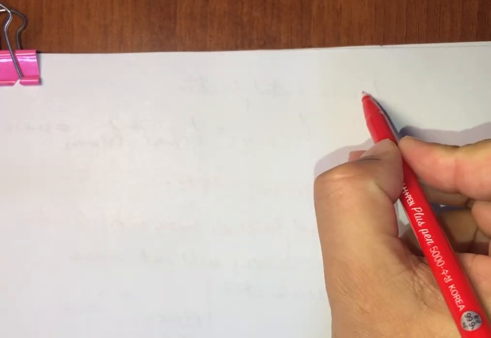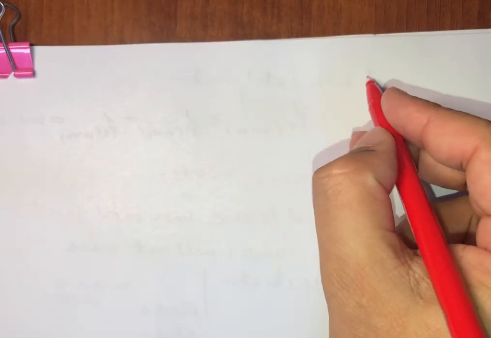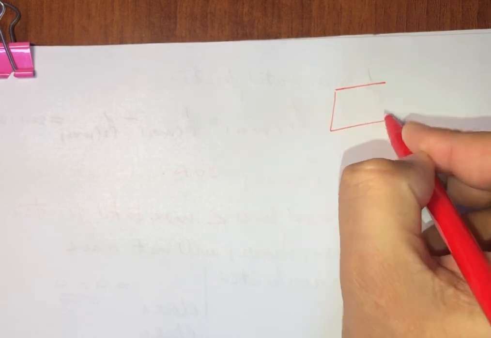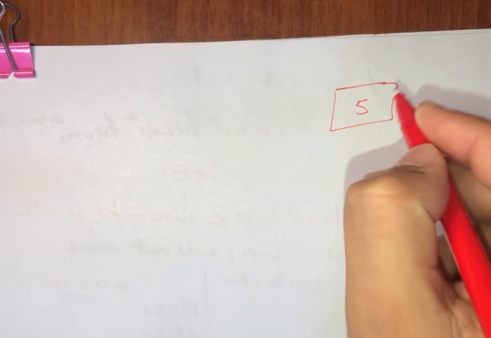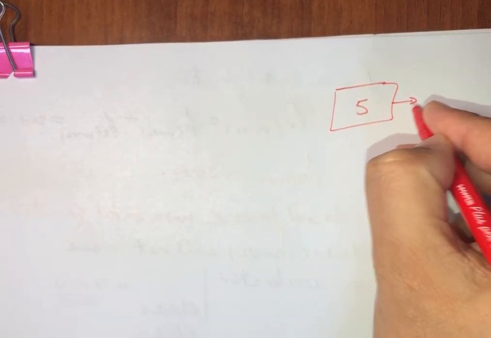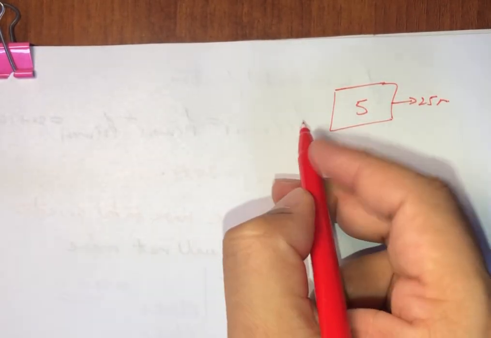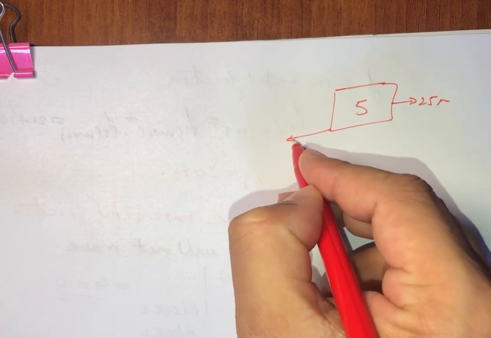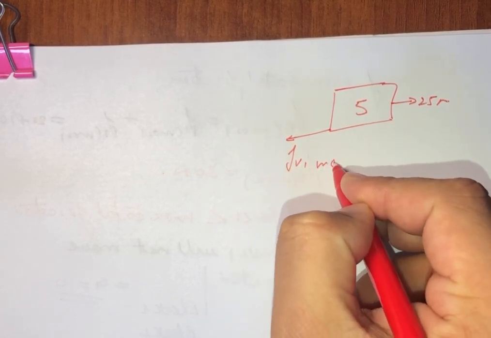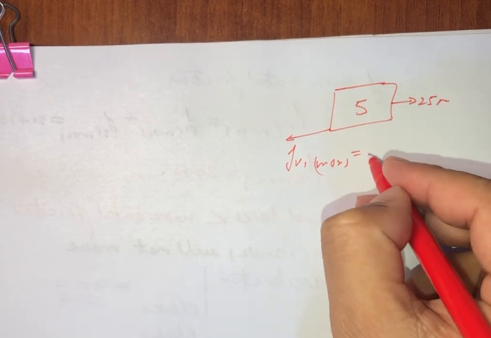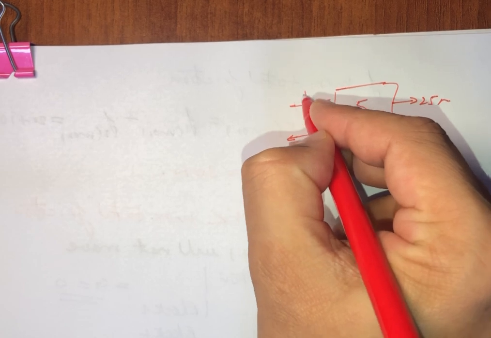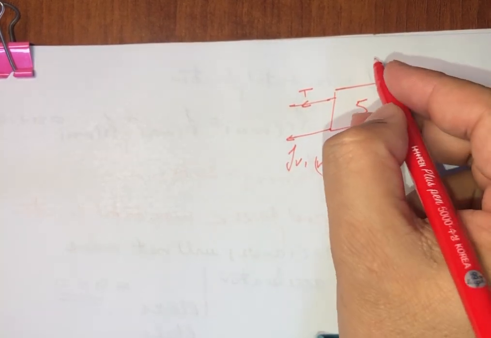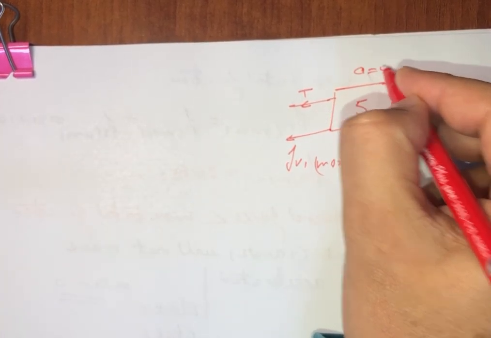Now we draw the individual free body diagram for this 5 kg block. So this is our 5 kg, and we have a force of 25 Newton, and Fr1 max, which is 20 Newton, and we have a tension T, and we already said that acceleration a will be equal to 0.